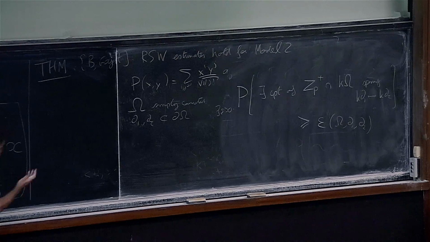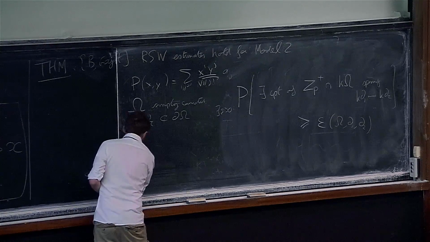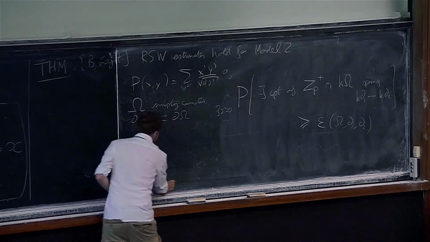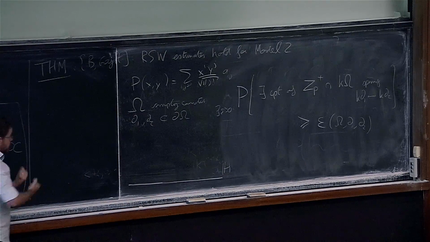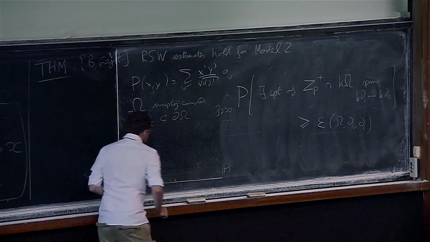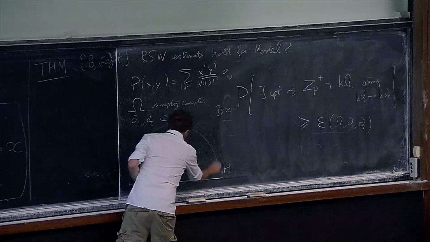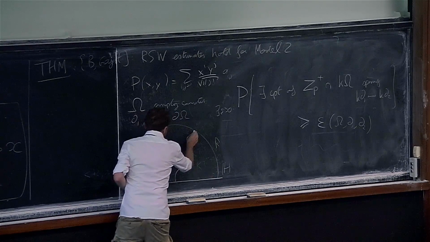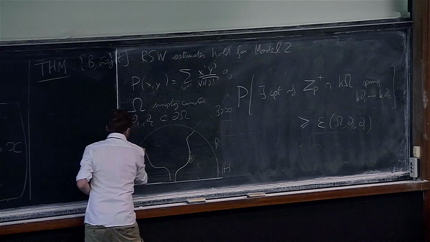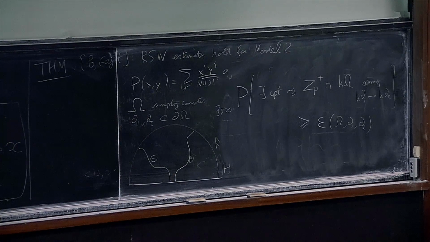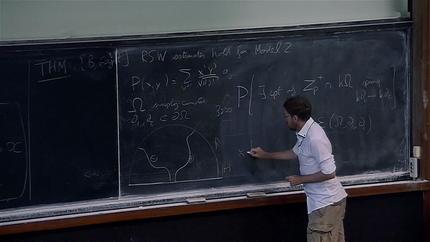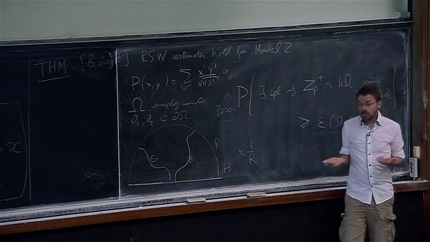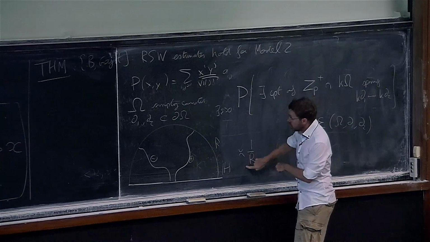To give just one of them, if you take your random analytic function and you restrict it to the upper half plane, and you want to estimate the probability that from two neighboring points here up to radius r, there is one line where the function is positive and one line where the function is negative, well, this probability is up to constant equal to 1 over r. And this is just a consequence of Russo-Seymour-Welsh estimates.